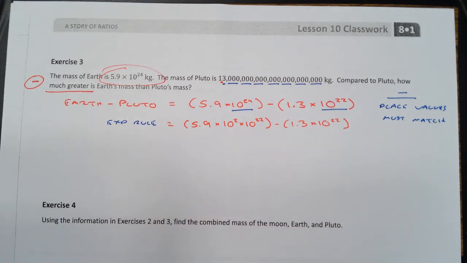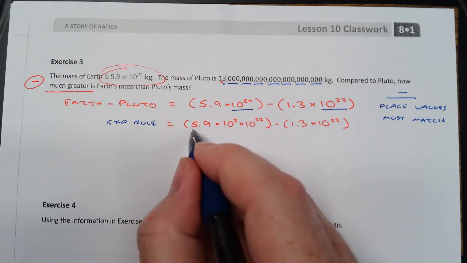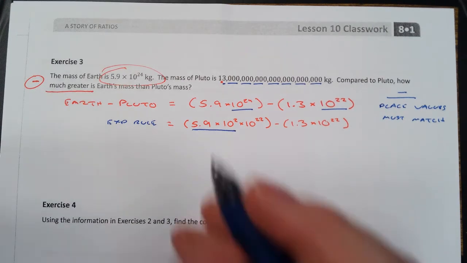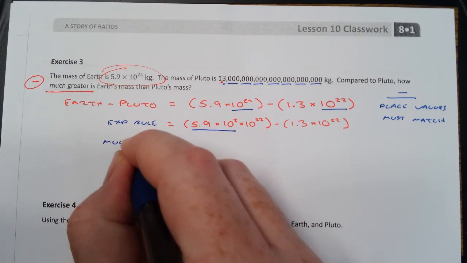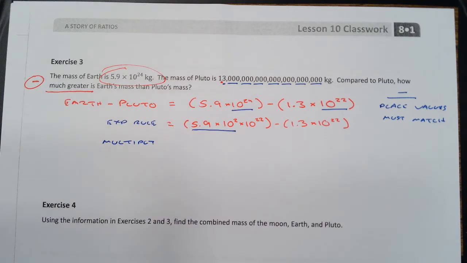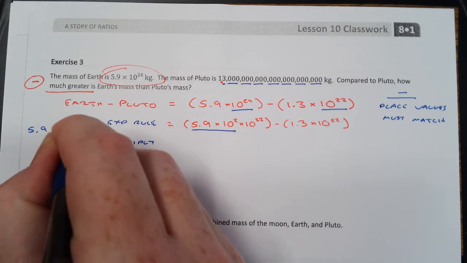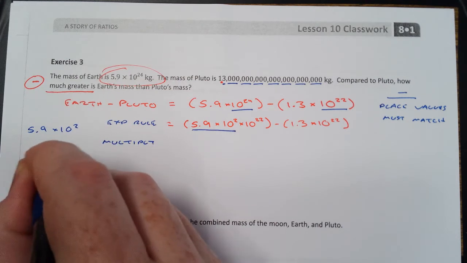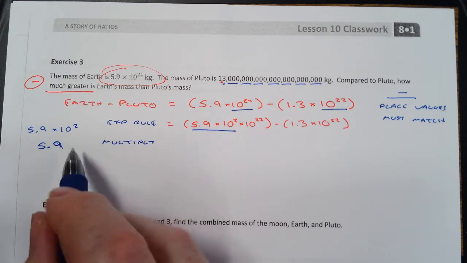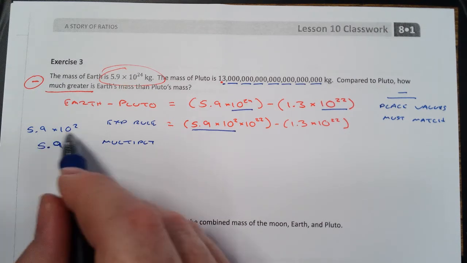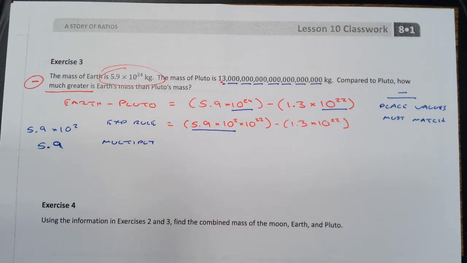Well, what I'm going to do is I'm going to multiply 5.9 times 10 squared. 5.9 times 10 squared means the decimal is getting bigger. The 5.9 gets bigger because it's a positive exponent, and it gets bigger by 2 place values.